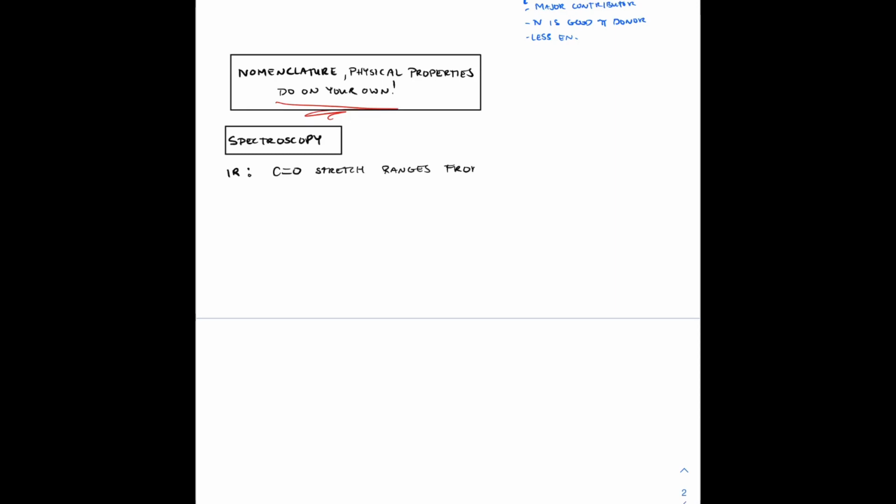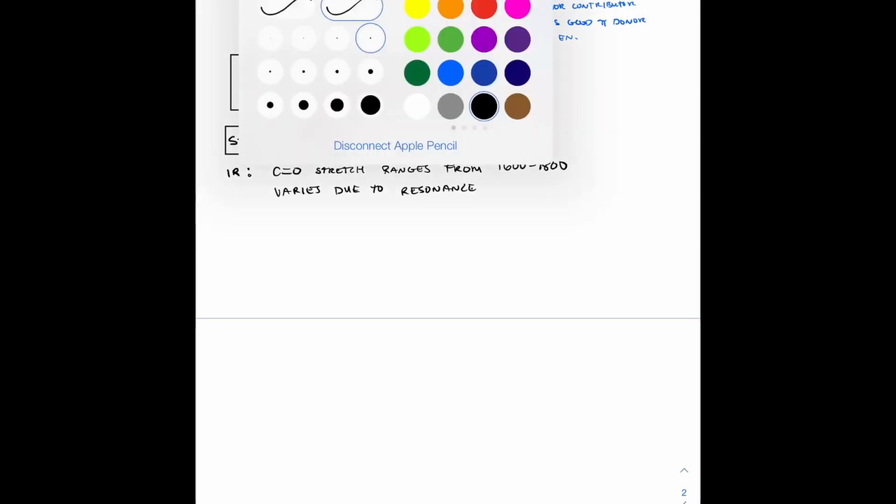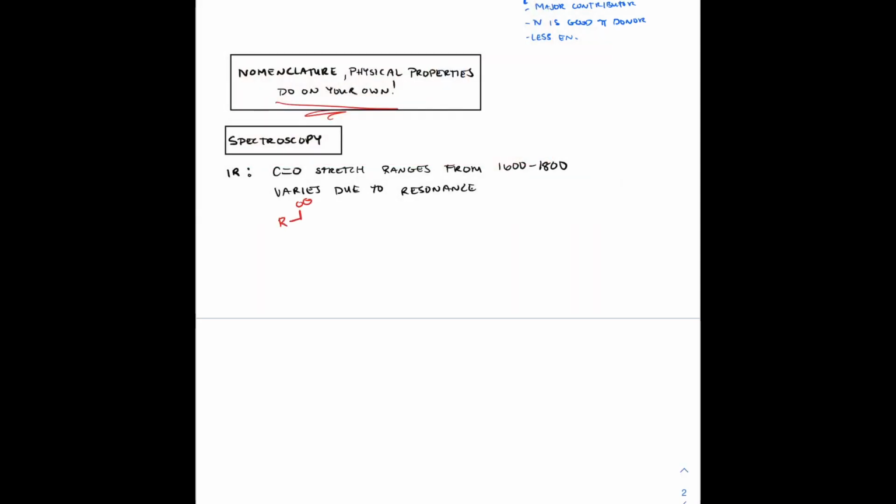So back to the IR and the CO stretch, they range from 1600 to 1800, right? 1600 was for the amides, 1800 was for the acid chlorides. Well, this varies due to resonance and their contributions to resonance structures as those Z groups. So back to this acid chloride resonance structure and the amide resonance structure.